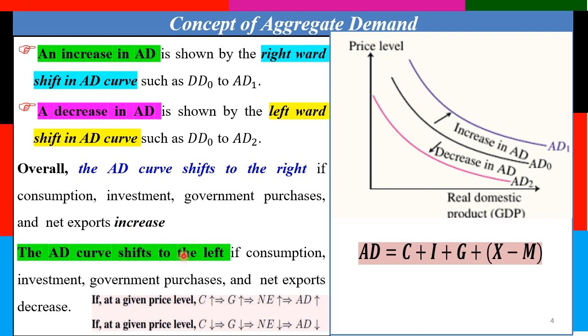Let me say, when the consumption is increasing, government expenditure is increasing, net export is increasing, then aggregate demand is also increasing, because there is a positive relationship between those variables. On the other hand, if the consumption decreases, government expenditure decreases, net export decreases, it implies that aggregate demand is also decreasing.